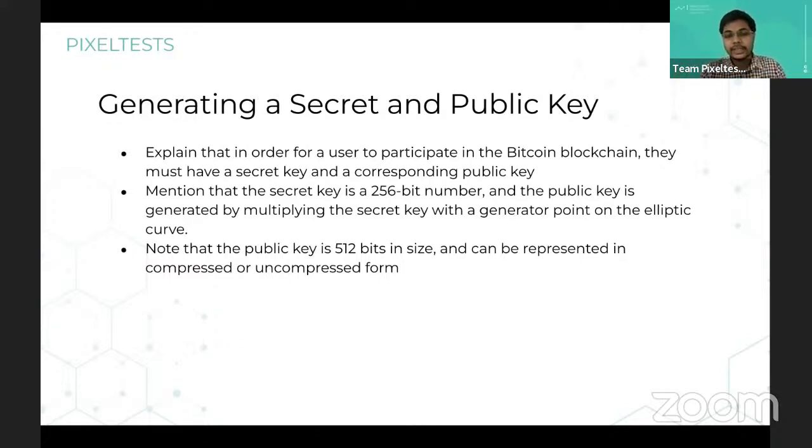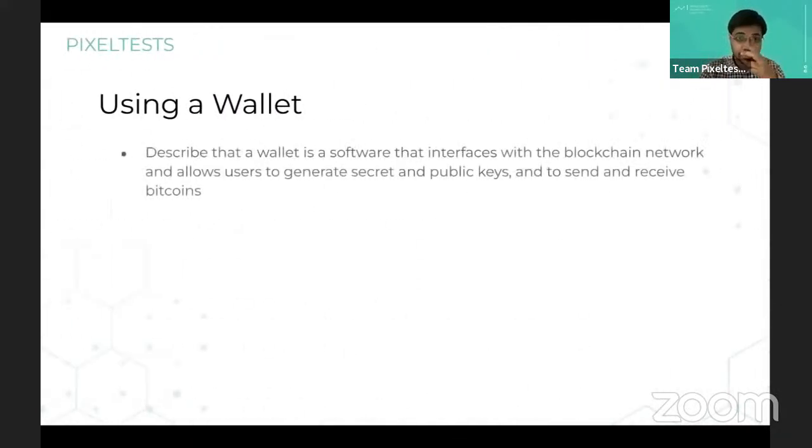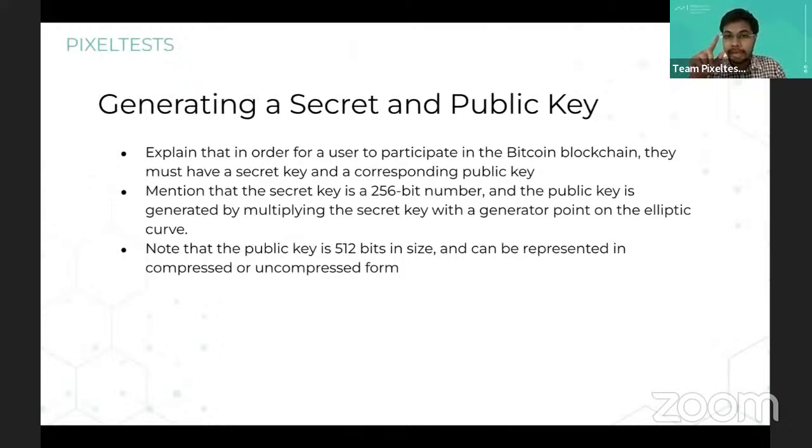So if the secret key is 256-bit, the public key is 512 bits in size, because you can see that here in the equation, if you have one particular x1, the other, y1, will also be 256. So two 256-bit numbers will give you an output like this 512-bit sized public key.